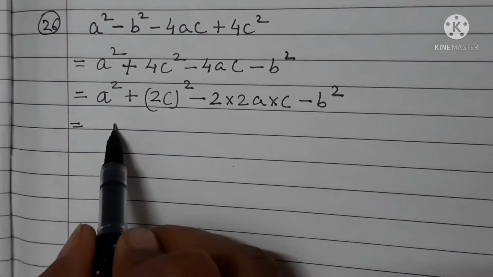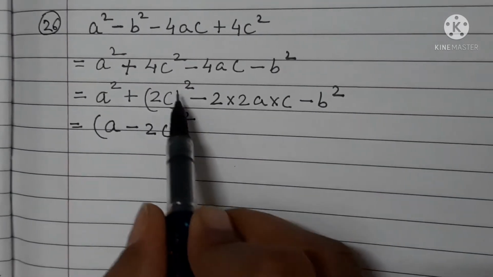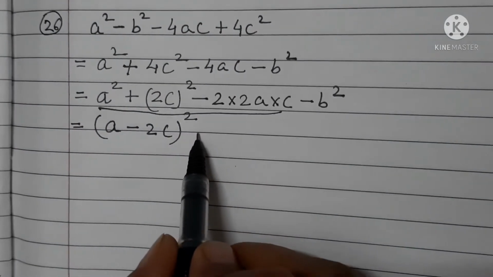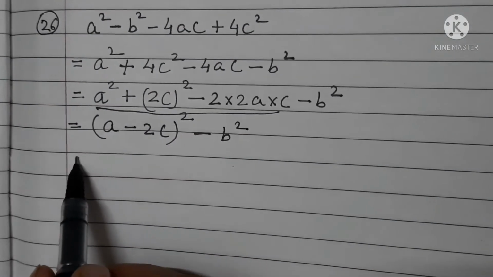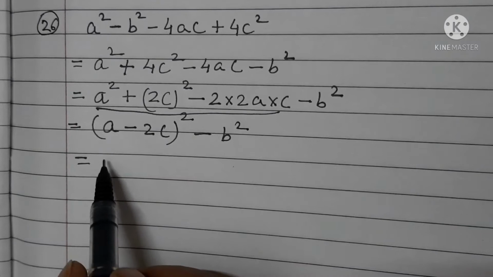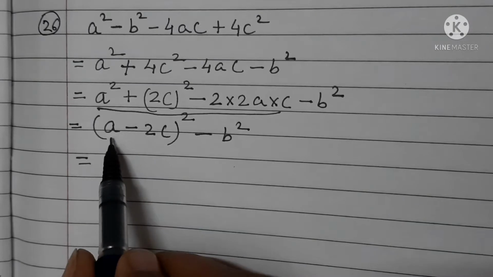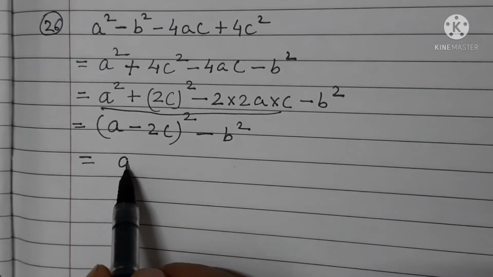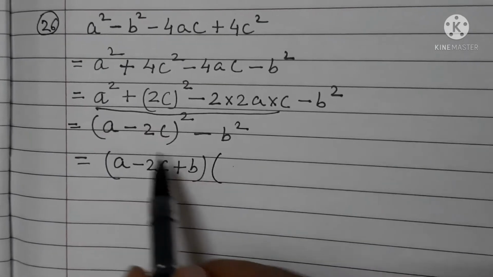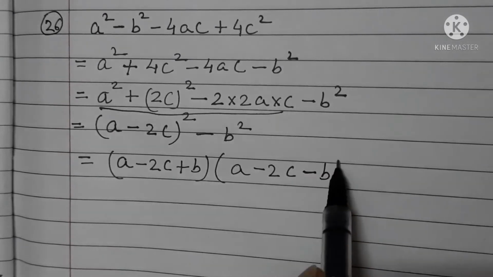So write down here (a minus 2c) whole square, and this complete together minus b square. So this becomes the identity a square minus b square. So using the identity, you will write here (a plus b)(a minus b). Here a is a minus 2c, so one factor is a minus 2c plus b, and another is a minus 2c minus b. Answer.